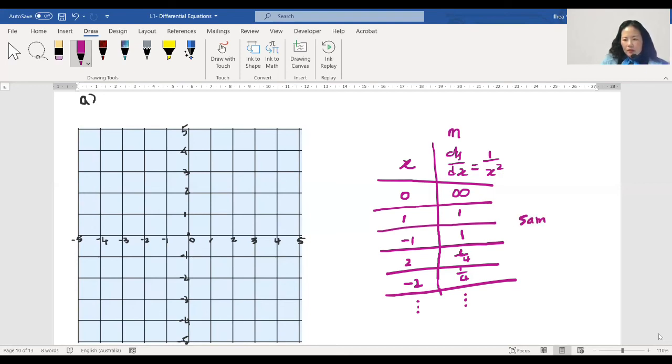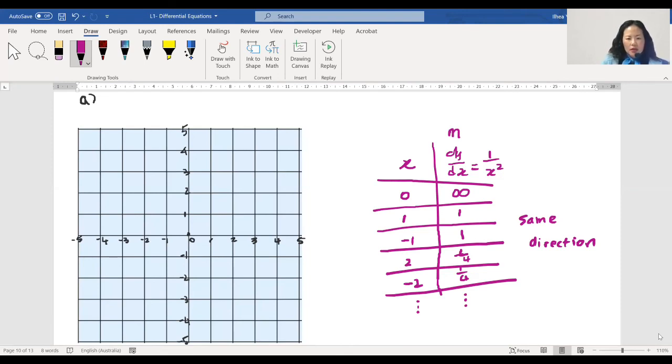Whereas in the previous question, it was the opposite direction, because the gradient was positive and the other was negative. So it's opposite. But this one, they're all positive and the same value, everything. So it's almost like a reflection, like a mirror image. You know what I mean?